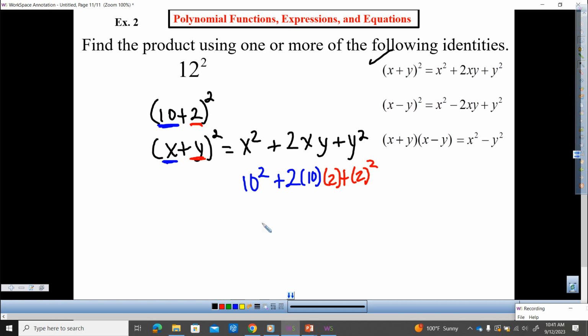Let's simplify this. What is 10 squared? 100. 2 times 10 times 2. And 2 squared is? So what is this? 100 and? Ooh-wee. You're like, what? Yeah, we're just using the pattern of the identities. From 1 to 5, I'll come for you with this. All right. Cool. So that's one way.